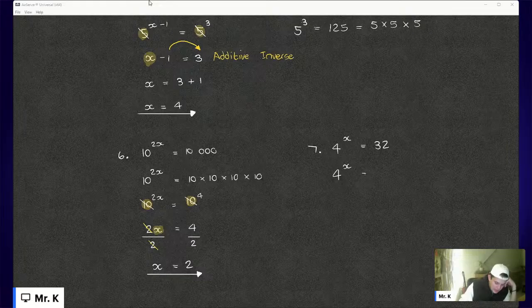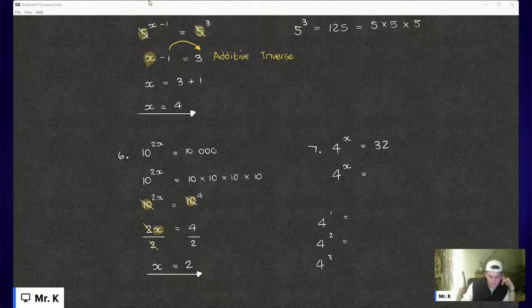Because let's think about our exponents of 4. 4 to the power of 1, 4 squared, 4 cubed. What are these all equal to? 4 to the power of 1 is 4. 4 to the power of 2 is 16, and 4 to the power of 3 is 64.